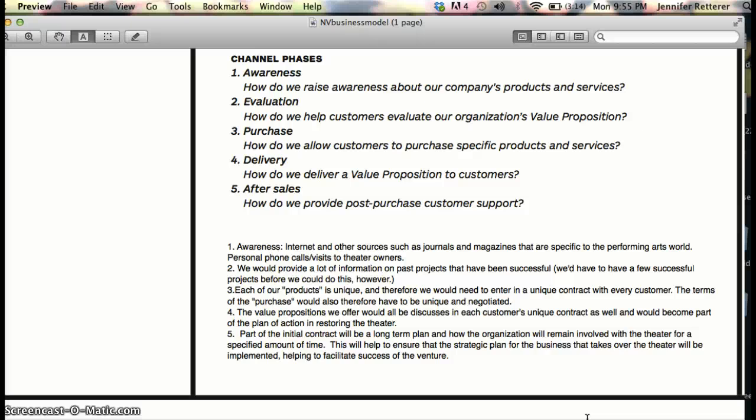And for after our sales, part of the initial contract would actually be how our organization would remain involved with the theater and the organization that has taken it over for a specified amount of time after the project is finished. This could help to ensure that the strategic plan that we've helped them with will be implemented, and also to help facilitate the success of the venue.